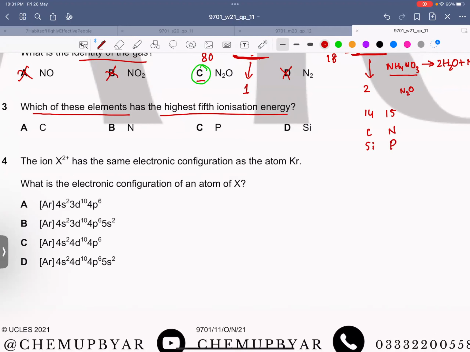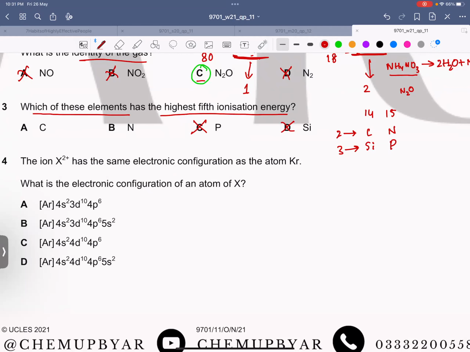So if you look at silicon and phosphorus, silicon and phosphorus belong to period 3 and carbon and nitrogen belong to period 2. This makes phosphorus and silicon unable to be the answer for the highest ionization energy, because they already have more shells.